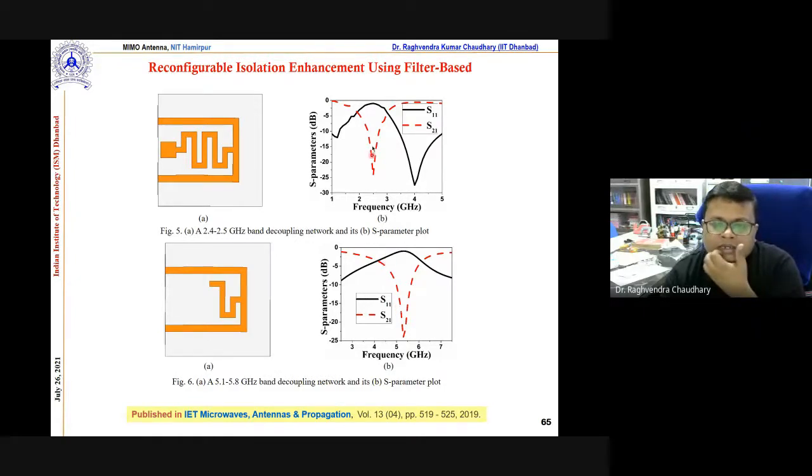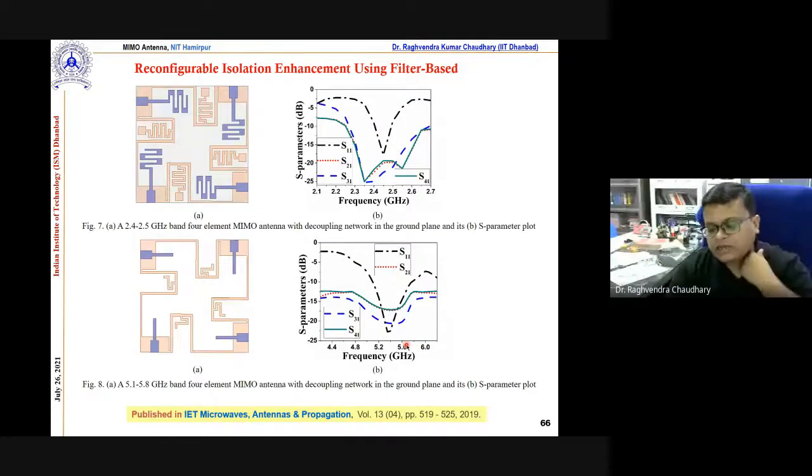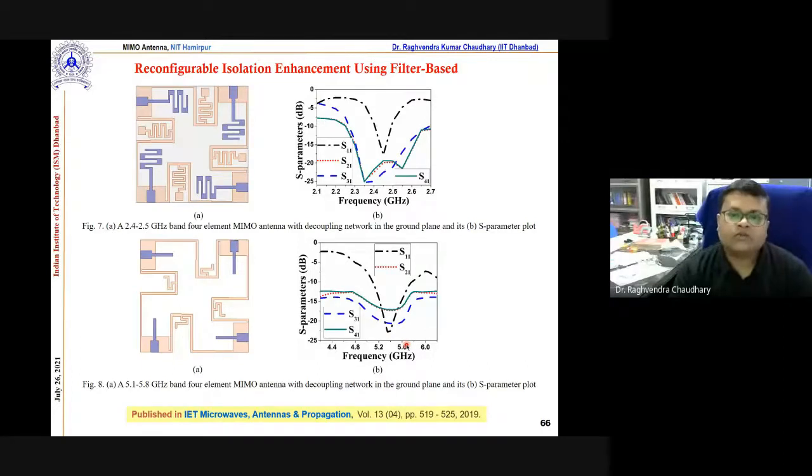So when we have this structure, it operates at 2.5 gigahertz. Whereas when we remove a certain part of it, it works at 5.3 or 4 gigahertz. So I can manage the switching, and make some part of the structure non-modal.